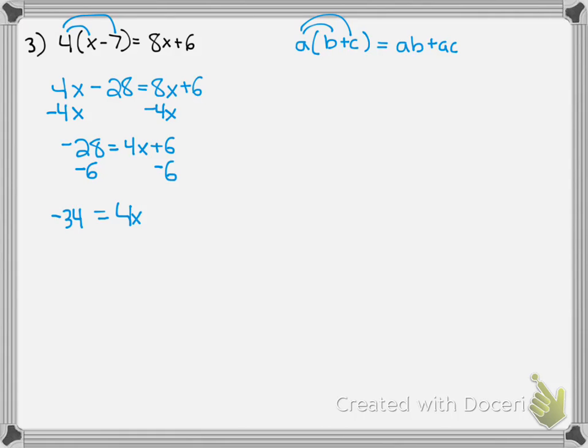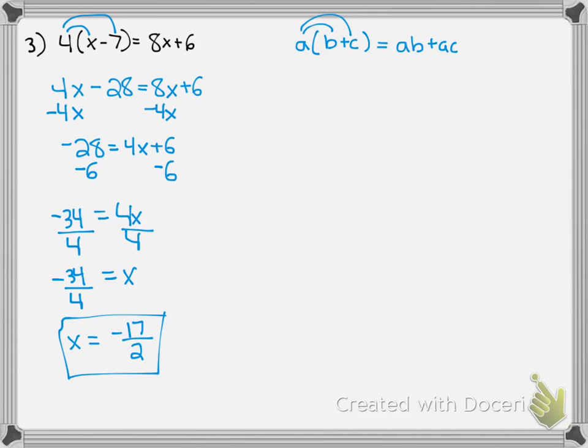Okay, so if we divide both sides by 4 here, I get x equals negative 34 over 4, which reduces to x equals negative 17 over 2. And that is our final answer there.